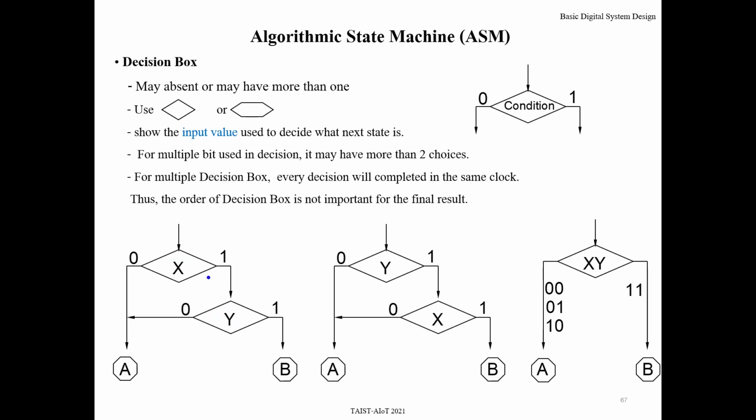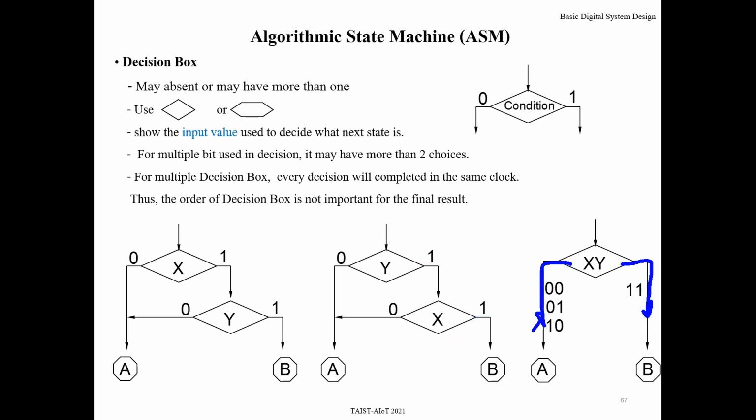For example, if x is 1 and y is 1, go to state B. If x is 0, go to state A. Or if x is 1 and y is 0, go to A. Of course, you can check y first and then check x. Or you can check both at the same time.